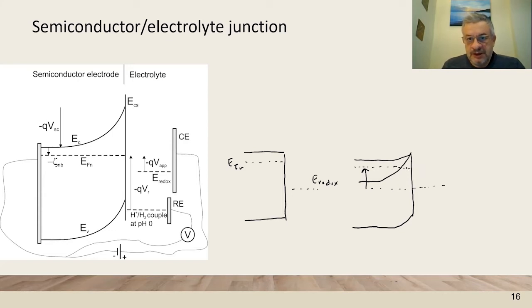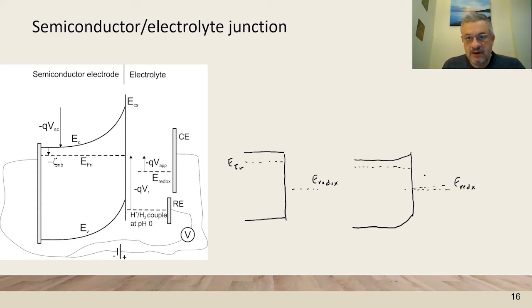So in this situation of the applied bias, now we can see a step of the Fermi level, and this is always the indication that the system is not in equilibrium, and if charge can flow because there is this acceptor in solution, then charge will flow.